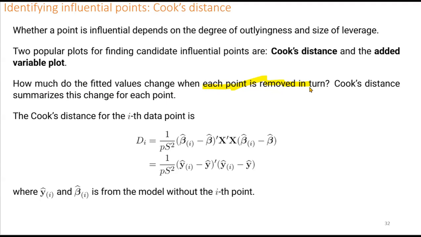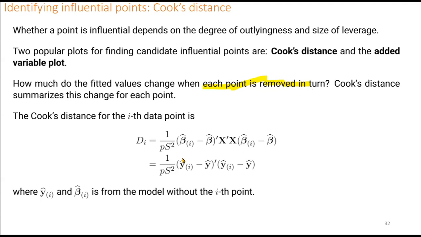So it goes through i equal 1 to n. Each time it plucks out one observation. The first step, it takes out the first observation, fits your regression model, and evaluates. The next step takes out the second observation and fits the same regression model, and then sees how much the parameter estimates have changed, compared to if you didn't take out any points.